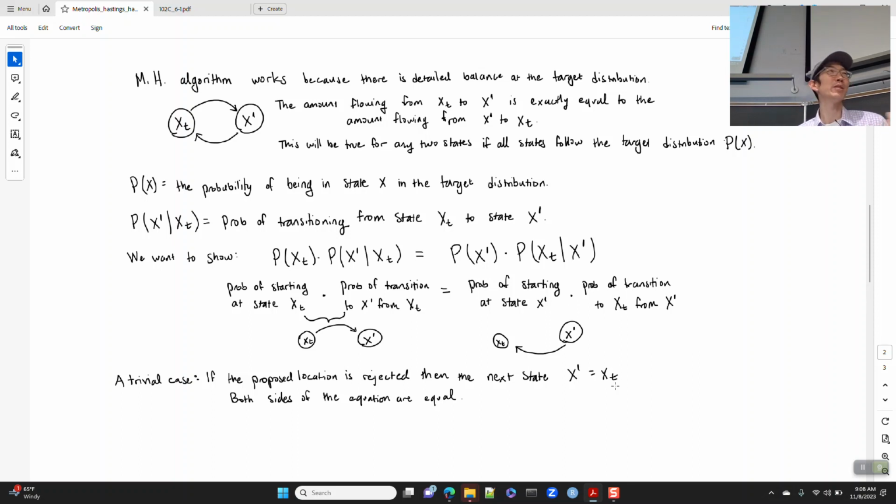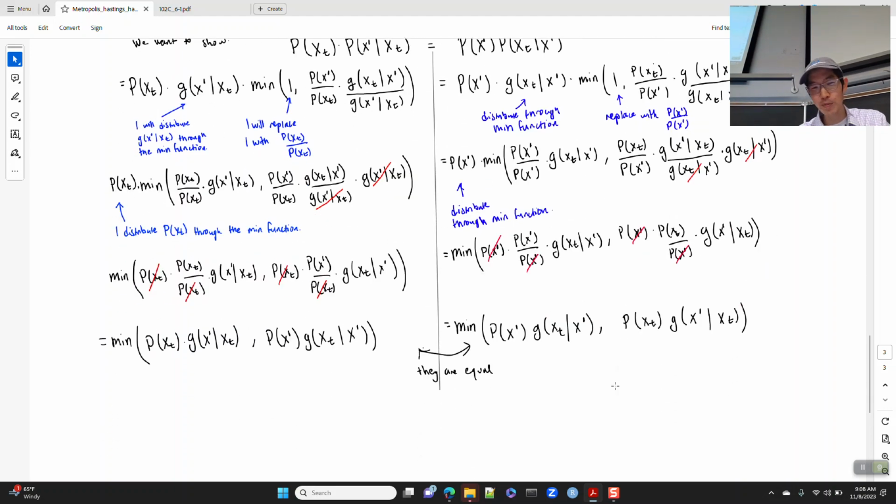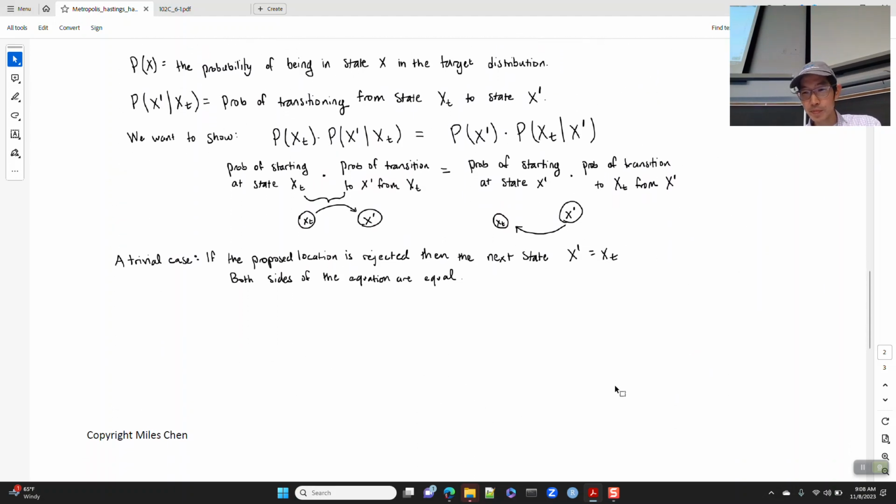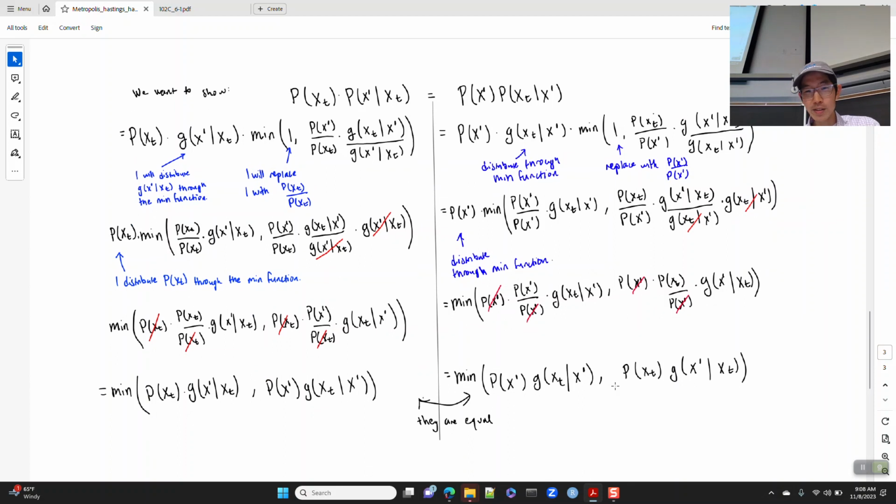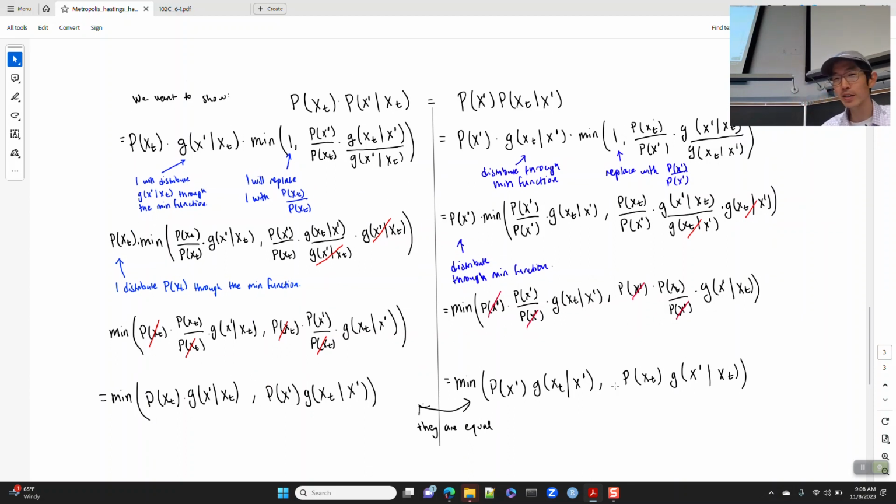We don't even have to prove that one, because if we reject it, then the next state is our current state. So the amount flowing to itself is the amount flowing to itself. But this is the math that we will work out. What we want to show is that the amount flowing from xt to x prime is the amount flowing from x prime to xt.